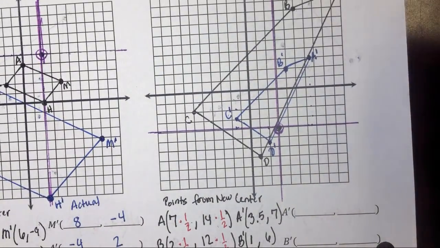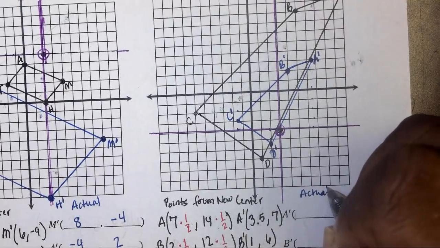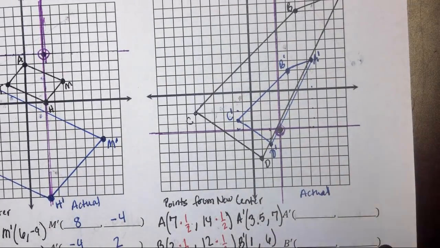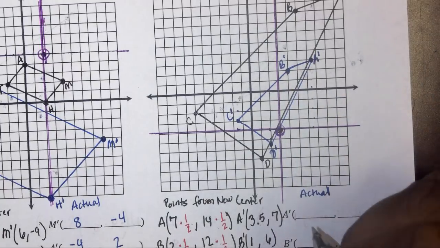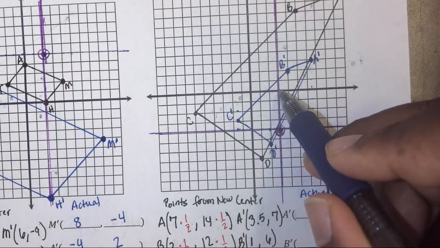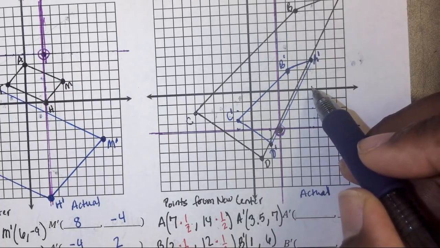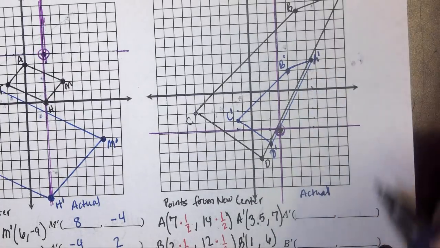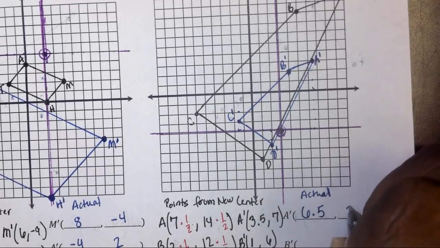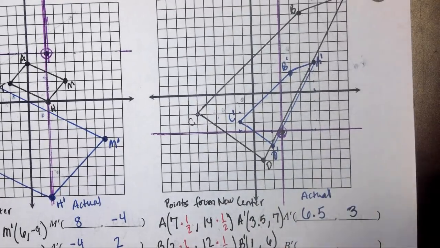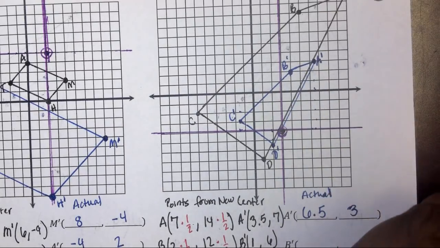Then from there, get your actual points. So find my actual A prime from the original (0, 0). It's going to be over 1, 2, 3, 4, 5, 6.5, and then up 1, 2, 3. So over 6.5, up 3. B prime is going to be at (4, 2).